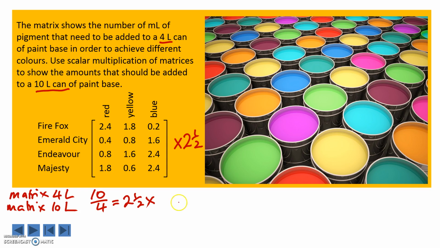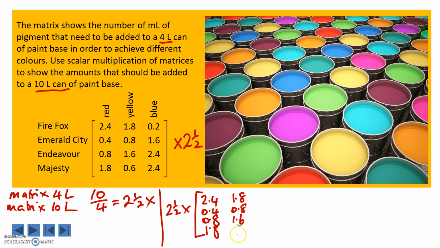So it becomes 2.5 times 2.4, 1.8, 0.2, then 2.5 by the next column, and then 2.5 by the last column.